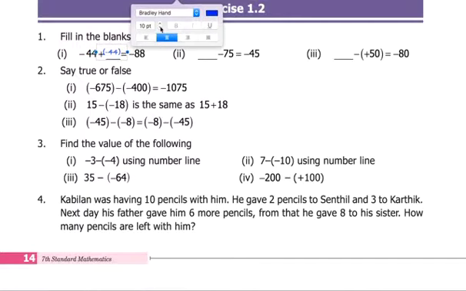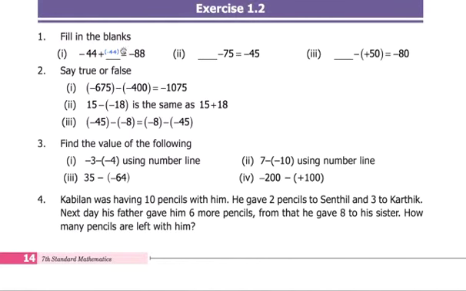Let's reduce its size. Fine. This one is 30. 30 minus 75 is minus 45. This one is minus 50 minus 30. Minus 30 minus 50 is minus 80.